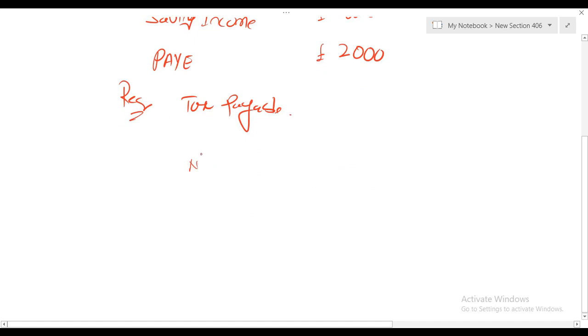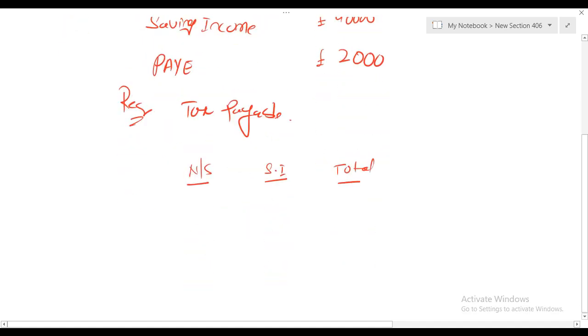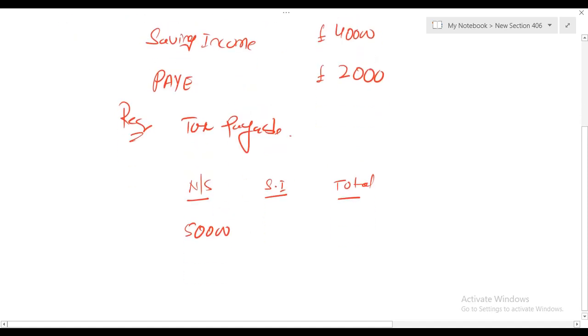The first column is going to be non-saving, then we have saving income, and another column for total. Employment income is non-saving income, which is 50,000. Saving income is obviously saving income. So the total comes to 90,000. We need to deduct the personal allowance of 12,570.